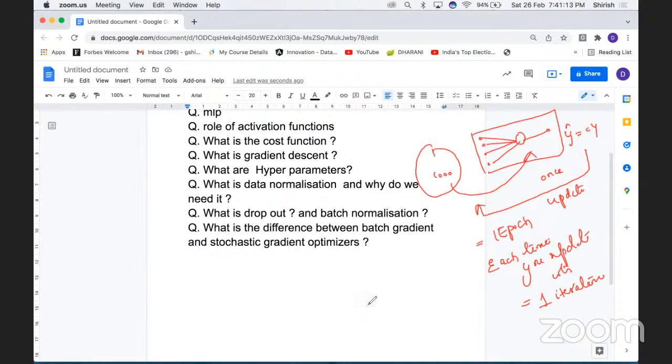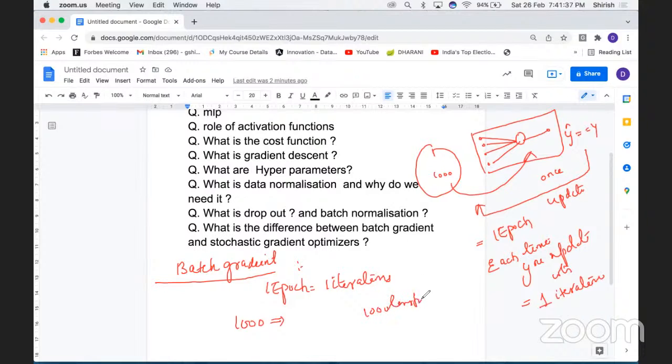So in batch gradient descent, one epoch is equal to one iteration. It means that for all the 1000 data points, you will get 1000 loss values.